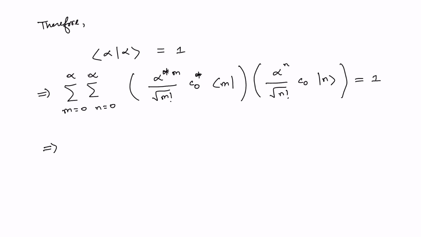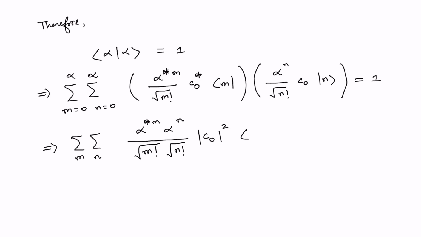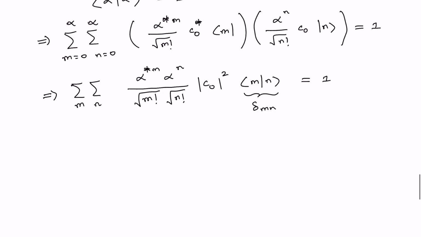Now let me write it in this form: sum over m, sum over n, alpha star m alpha to the power n, root over m factorial root over n factorial, C0 mod square, and I have here bra m ket n. So as you can see, this is nothing but the Kronecker delta mn. So it is equal to 1 if m is equal to n.